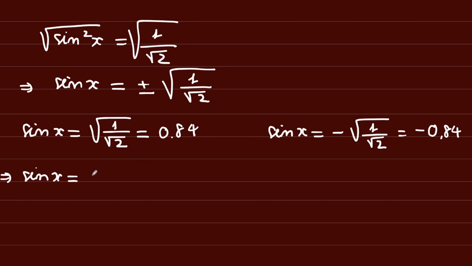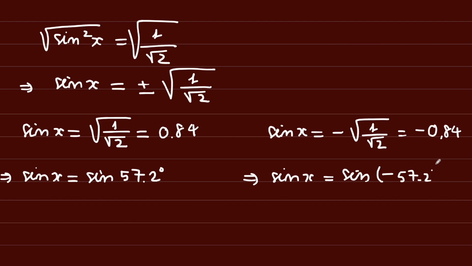This is equal to sine 57.2 degrees. And the same idea with the second one, sine h equal to sine of negative 57.2. Okay.